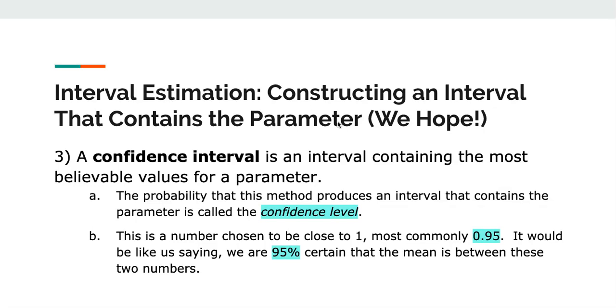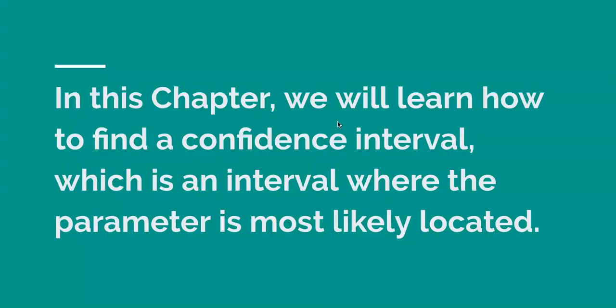This number is chosen to be close to 1, most commonly 0.95. It will be like us saying we are 95% certain that the mean is in between these two numbers, or the proportion is in between these two numbers. 95 is pretty standard. We don't really use a 68% confidence interval because that's too low. Sometimes I've seen 99 or 98, but usually it's going to be a 95% confidence level.